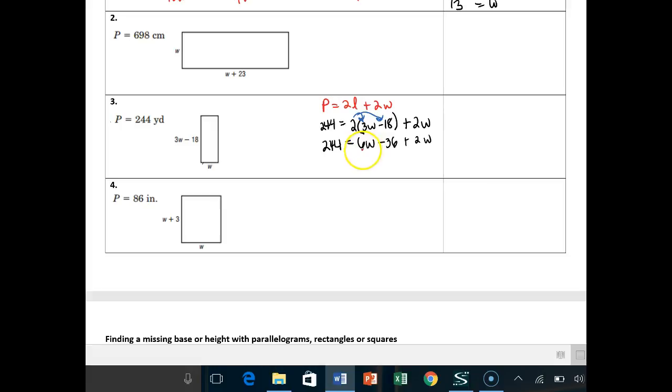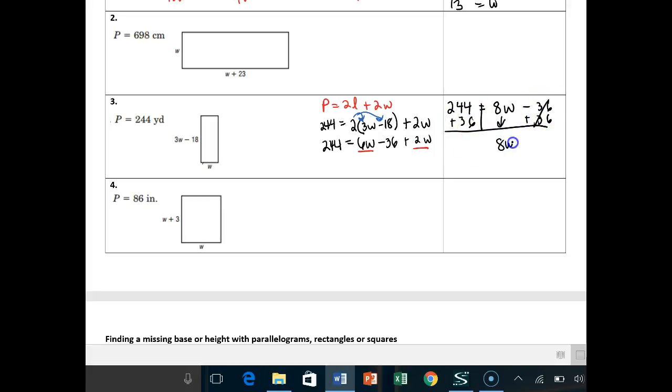And again, this is where we will combine like terms, the 6W and 2W. So I'll get 244 equals 8W minus 36. I will add 36 to both sides. My numbers line up right there.